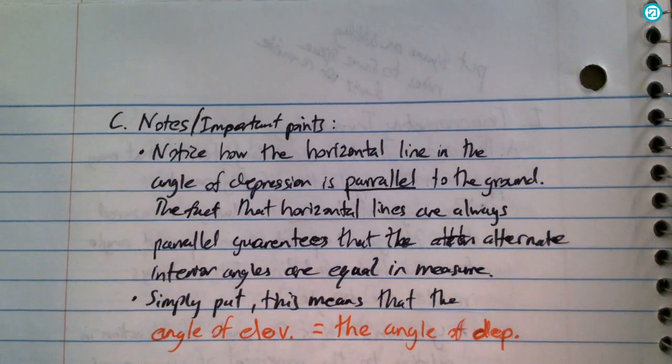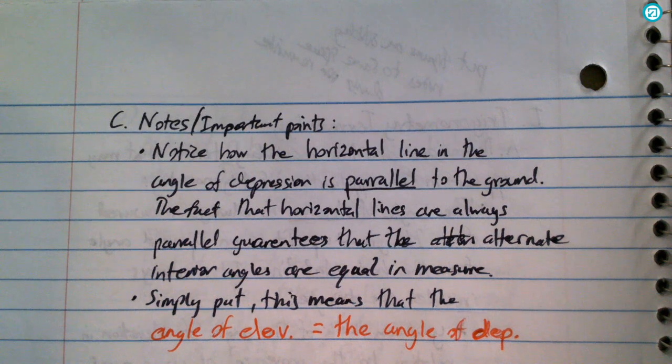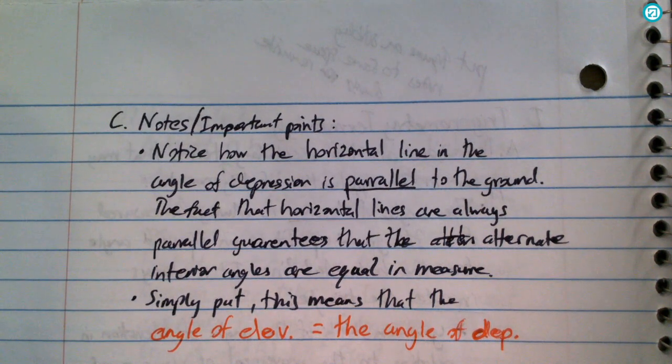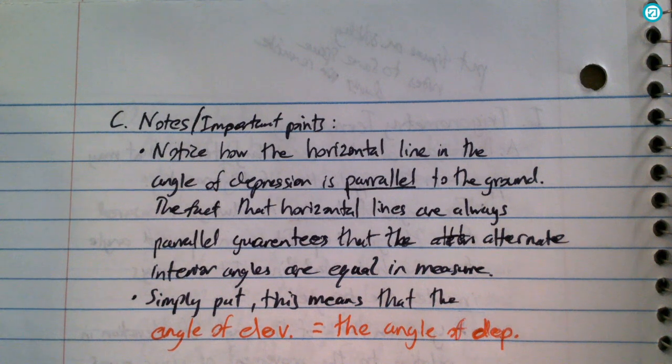That's basically what that means. And that will hold true for every single one of these types of problems. Your angle of elevation is identical to angle of depression. So they give you the elevation, even though they tell you you're looking down at an object that might be elevated to look up at you, you still should be able to figure out everything you need.